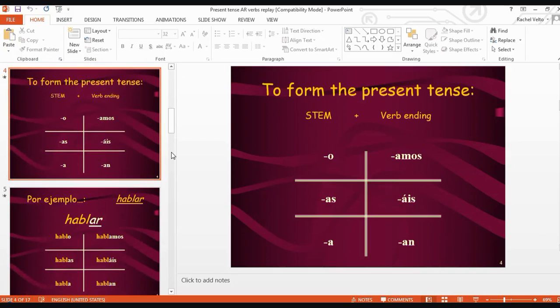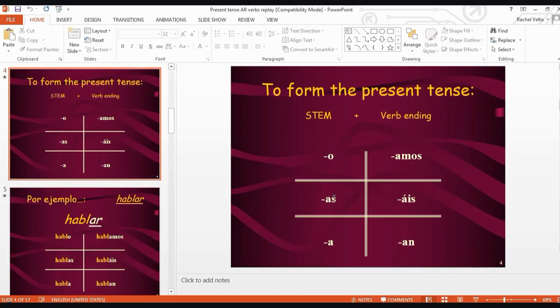So anytime you're working with a verb in Spanish, you're going to remove the ending. So what we're going to do with these verbs is take the AR away, which is what we call the ending, and then we're just going to be left with our stem. So what happens is each person, each subject pronoun from those original boxes is going to get a different ending to do the action. So the yo form, after the AR is removed, will put an O on the end.